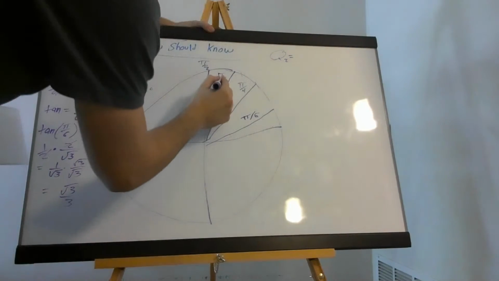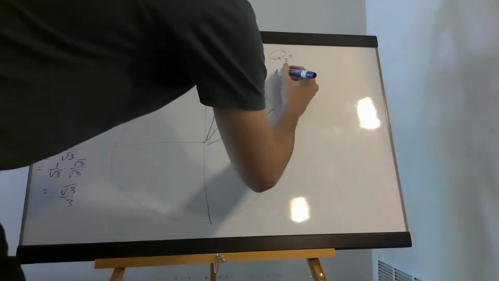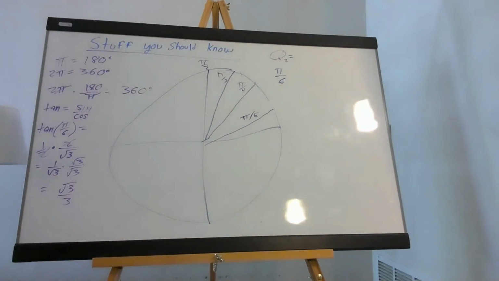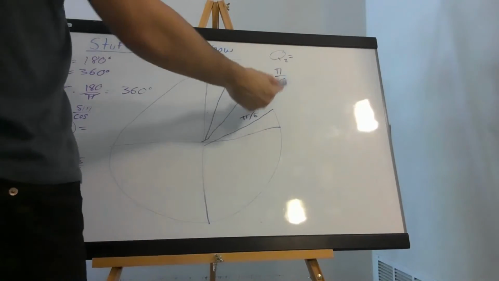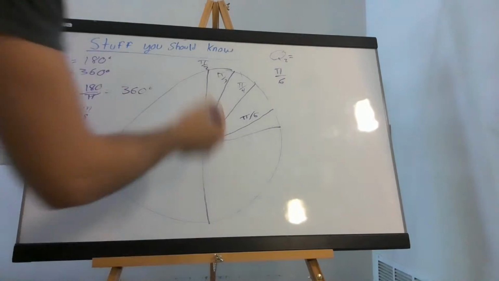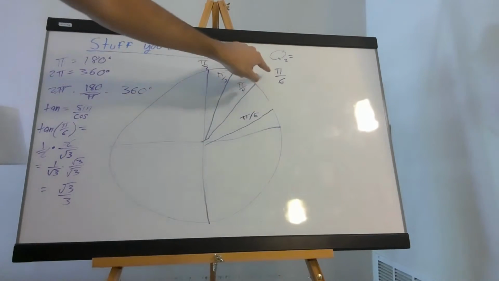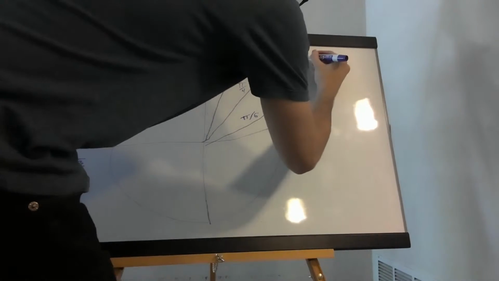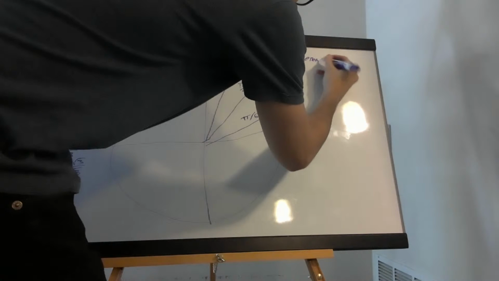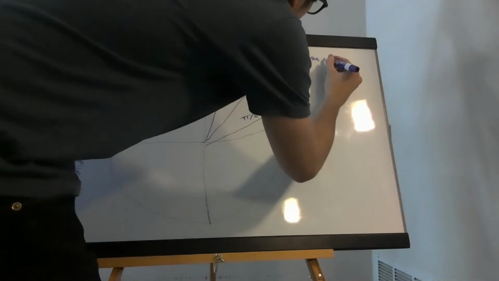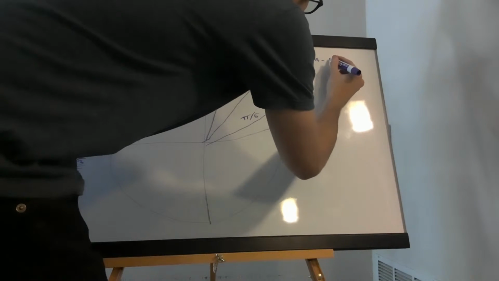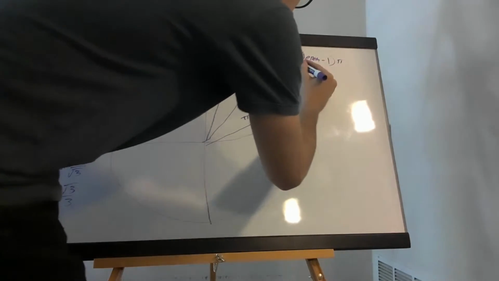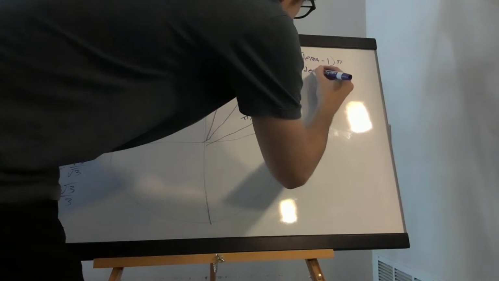So the way we find the radian values, right? Let's start with pi over 6 here. The denominator for these values is always going to stay the same. For root 2, the way we're going to find the numerator is we're going to say denominator minus 1 times pi over denominator, because that's not changing.